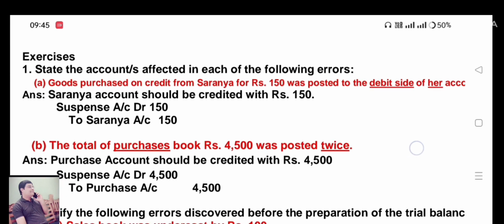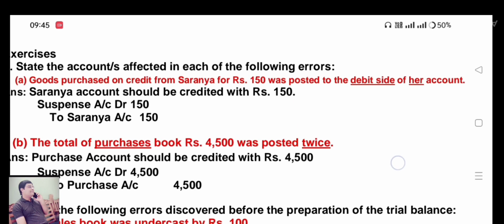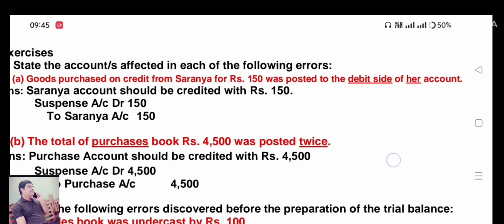So, first exercise: state the accounts affected in each of the following errors. See, the question is given: goods purchased on credit from Saranya, rupees 150, was posted to the debit side of her account. So what have we done?